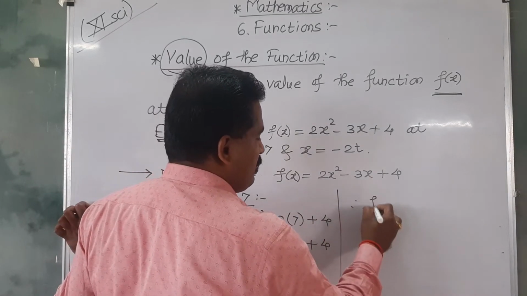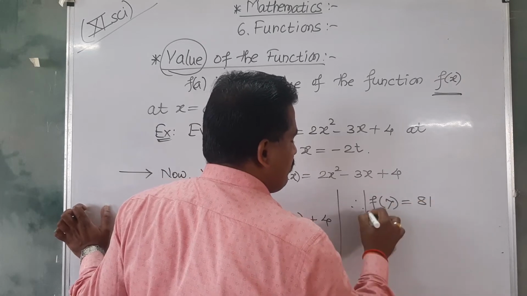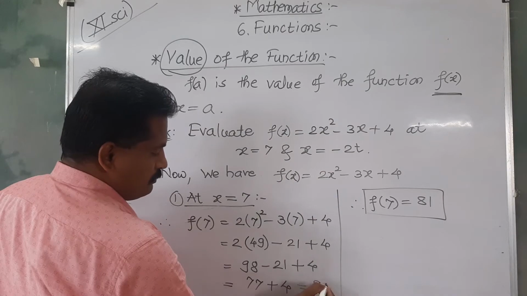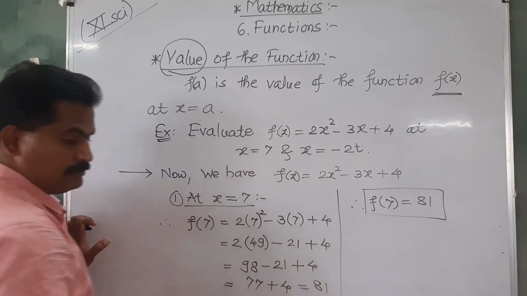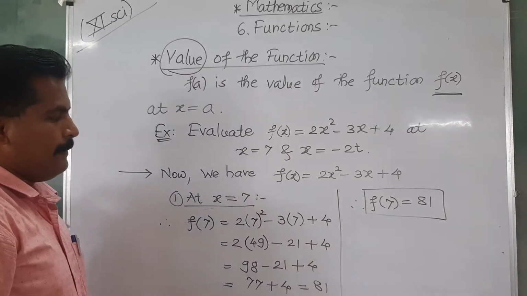Therefore, f of 7 is equal to 81. It's correct. Okay.